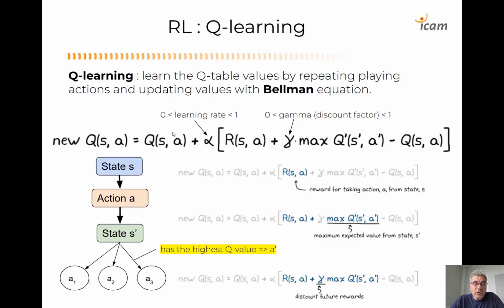This is the current Q value of action A being on the state S. With this current value, we will update it with this formula, okay?